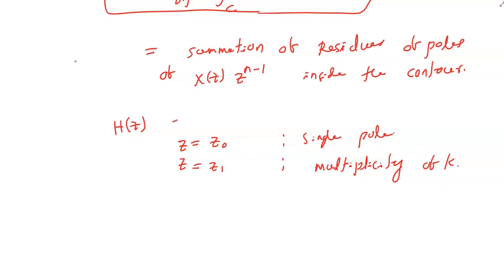That means, in general, some other terms: f of z upon z minus z0 and z minus z1 to the power k. Somewhat like this. This is the general expression for some other terms in h of z.